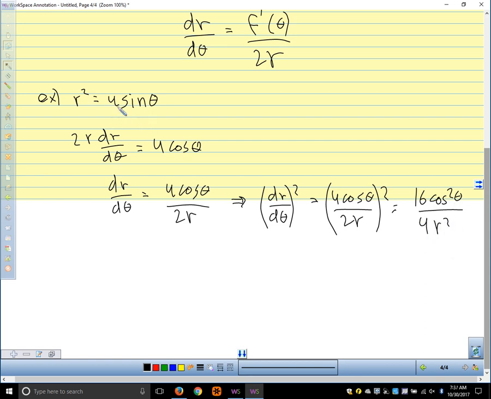And we have r squared right here, so that's going to equal 16 cosine squared theta over 16 sine theta. We could write that as cotangent theta times cosine theta: cosine over sine, and one leftover cosine.